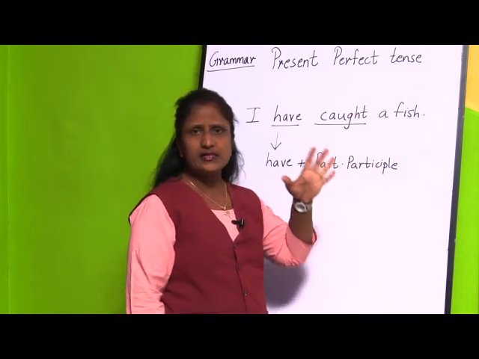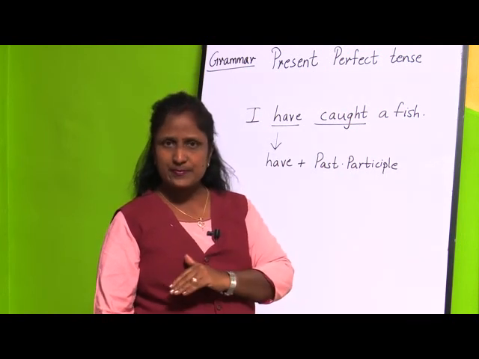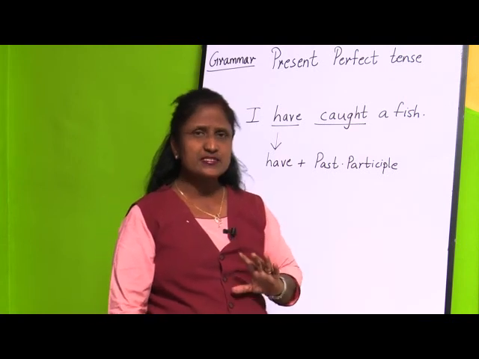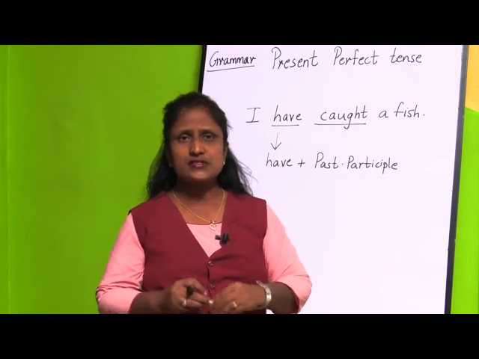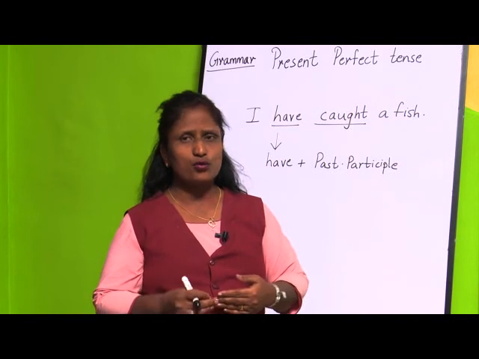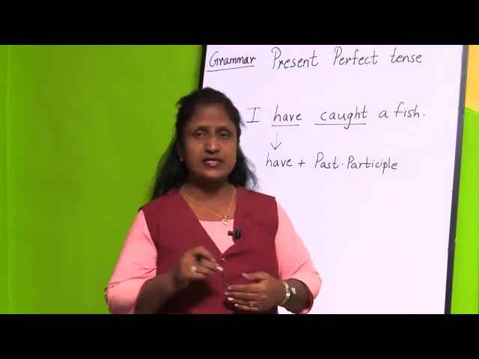We form it by using have plus past participle or has plus past participle. Present perfect tense is for actions which have just been completed or have already been completed.